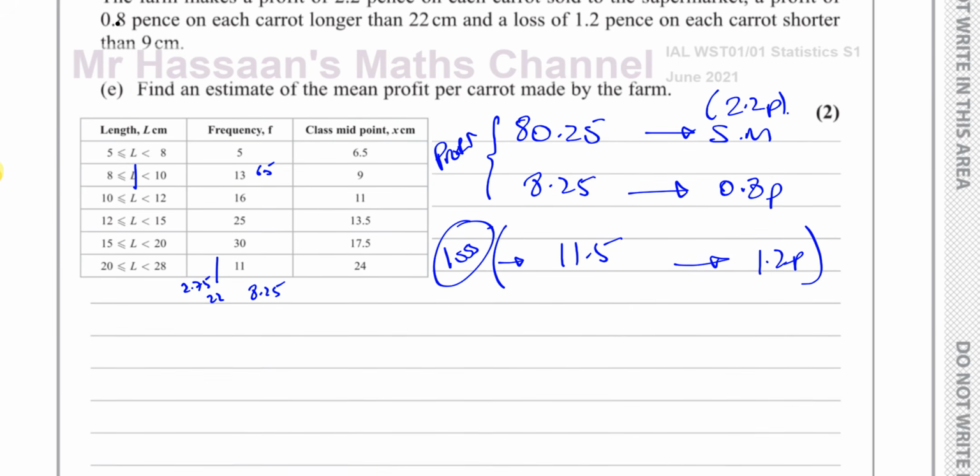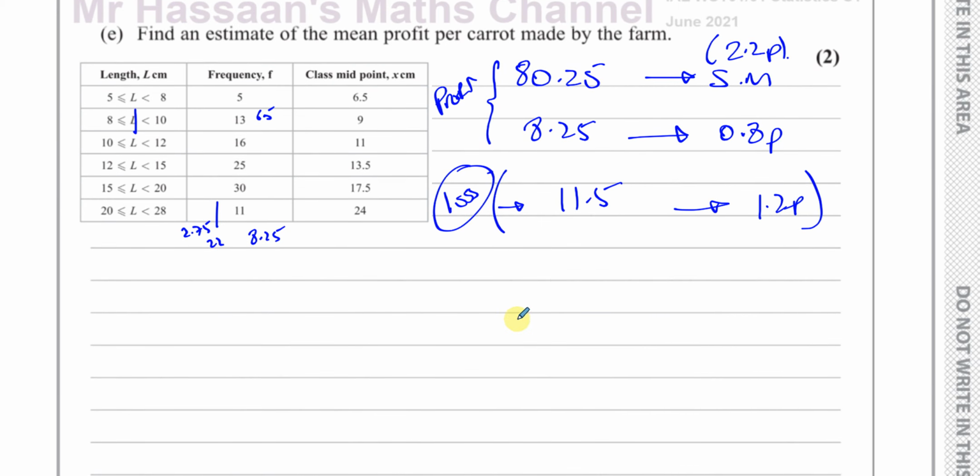So the estimate of the mean profit per carrot made by the farm. We have 80.25 times 2.2, that's the amount they gain from those 80.25 carrots, plus 8.25 times 0.8, they're selling these carrots for 0.8 pence. Those are profits. And then you take away 11.5 carrots, because they make a loss of 1.2 pence for each of those 11.5 carrots.